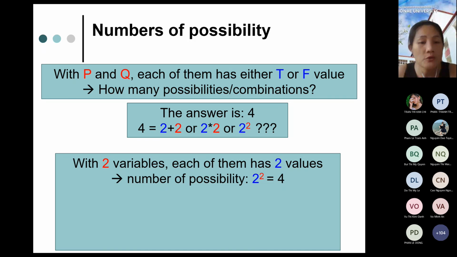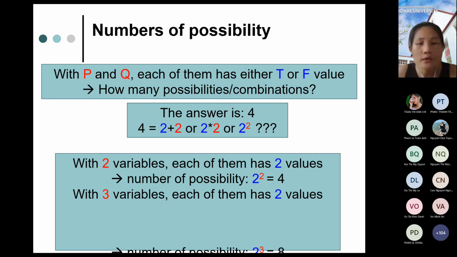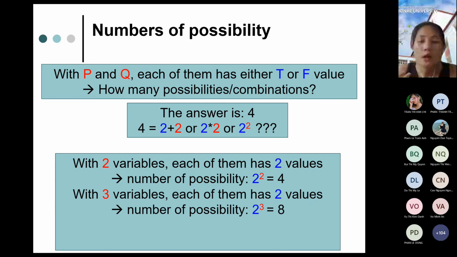Okay, and when you have 3 variables, like you guys said, we must have 2 power 3 equals 8 possibilities. And you don't need to worry if they increase the number of variables in their argument, you can still apply the truth table to list all of the possibilities, because you know how many possibilities you must list already.